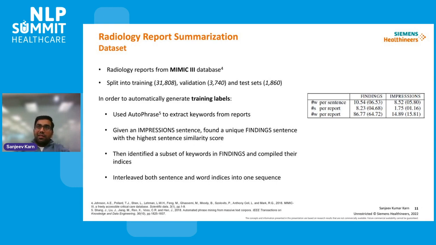So word indices would be used to train the word extractor if the indicator says it is a word index, and when the indicator says that this is a sentence index, then the word extractor goes to the pause state, and then the sentence extractor uses that index to train, checking if it can extract the same sentence index or not.